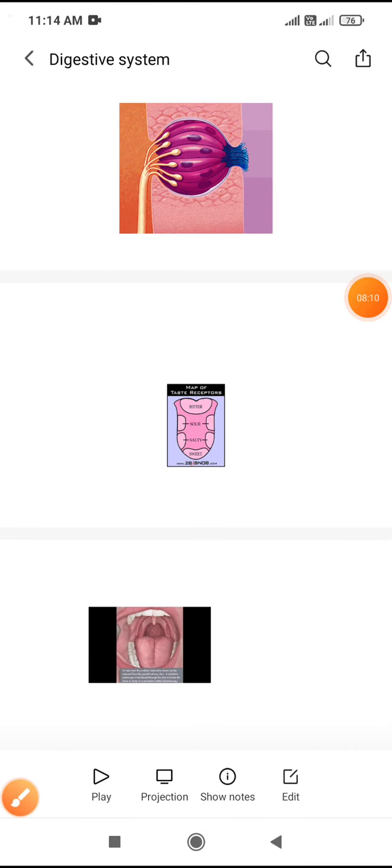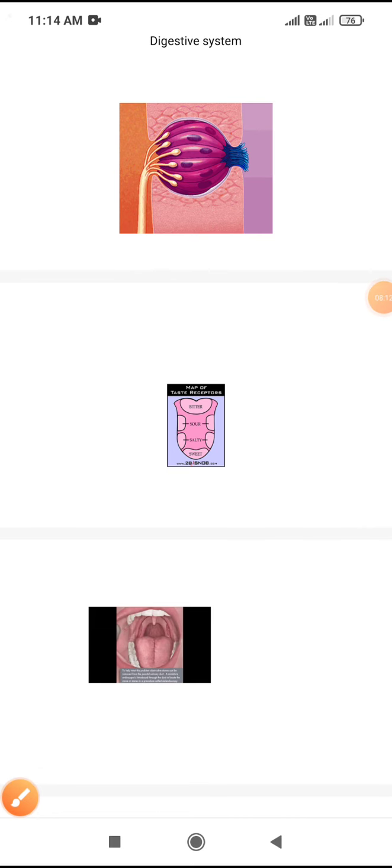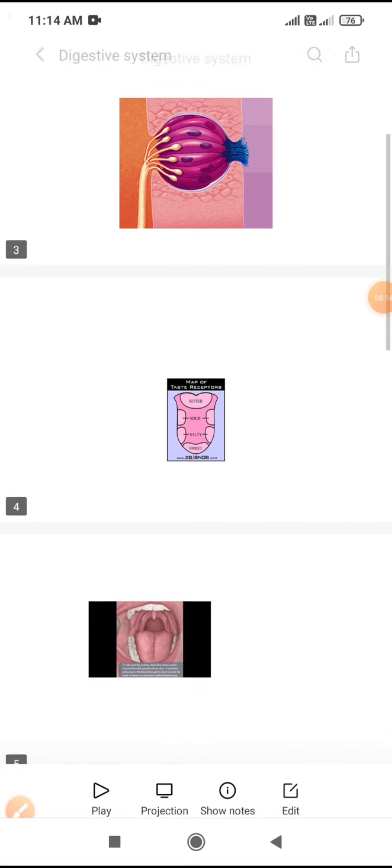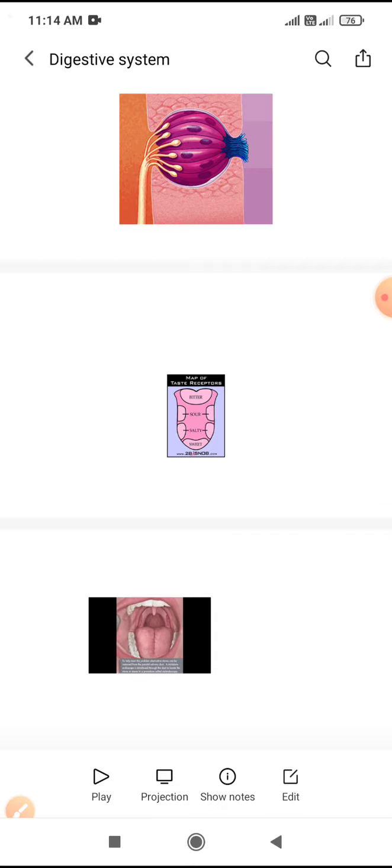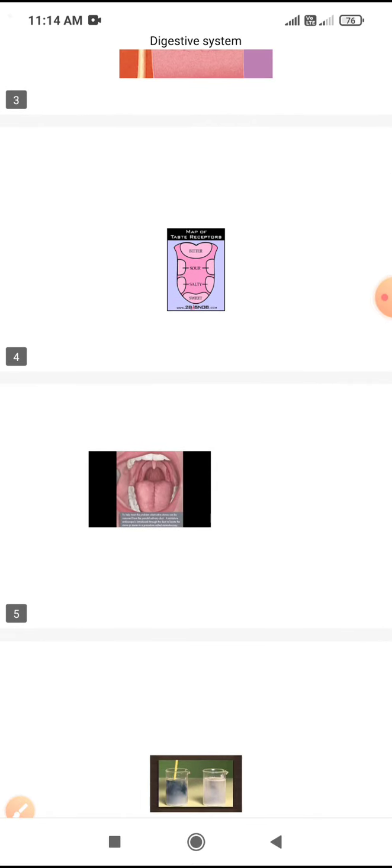Now we will see what is the next part located in our mouth. In our mouth there are different parts, and you learned about teeth. You just now learned about the tongue, and now we will see another part, that is a liquidy part always secreted in the mouth.